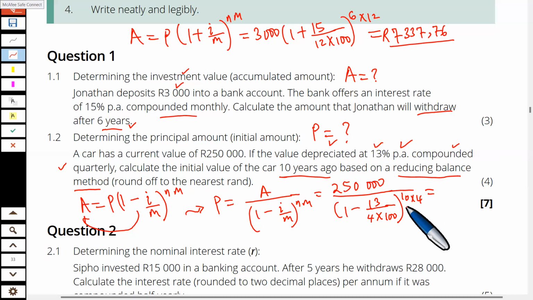Okay, this is an interesting question, but you need to make sure you understand it. And then I want to check your answer. You might be right, but I need to calculate it because I did not do it before. So you have 250,000 and you have 1 minus 13 into 4 times 100.